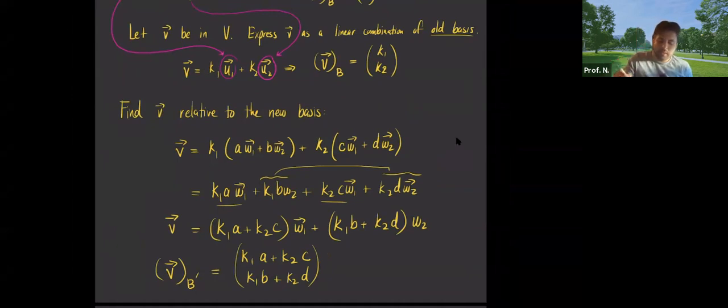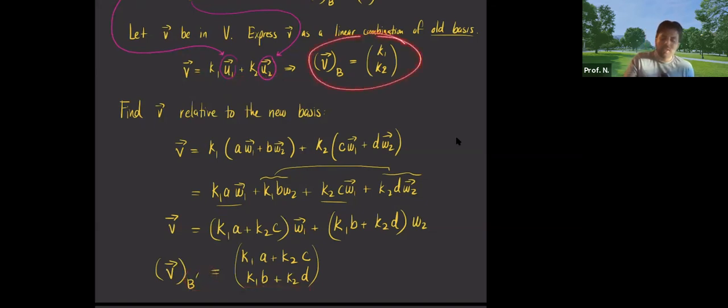Now, all of this is related to the idea of coordinate vectors being related to bases, right? So this arbitrary vector that we found in V has a coordinate relative to the old basis. The same vector that we arbitrarily chose in V that has this expression in terms of the old basis has this expression in terms of the new.